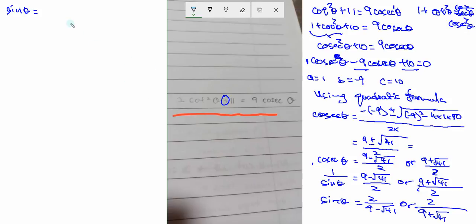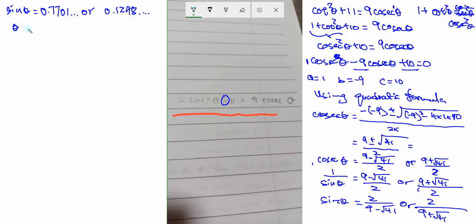So it's 0.7701. Or 2 divided by bracket 9 plus square root 41, close bracket, so you get 0.1298 dot dot dot.